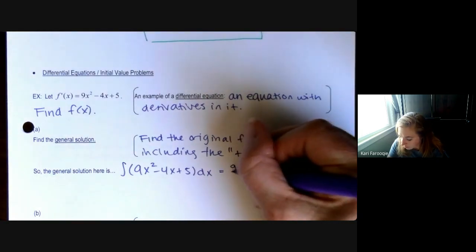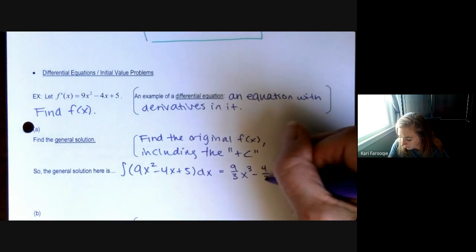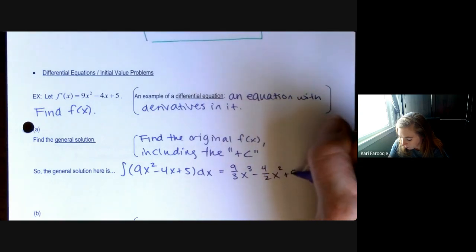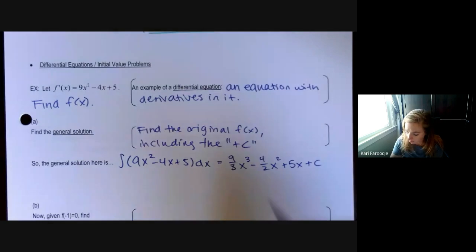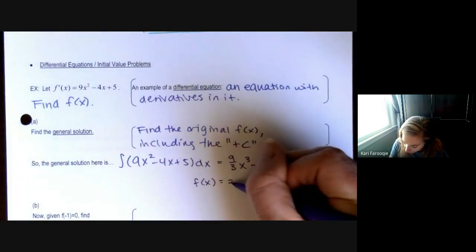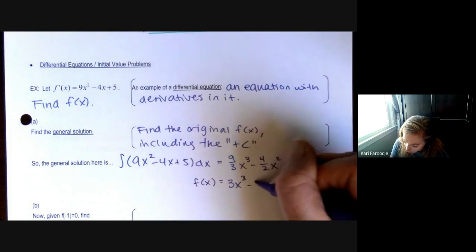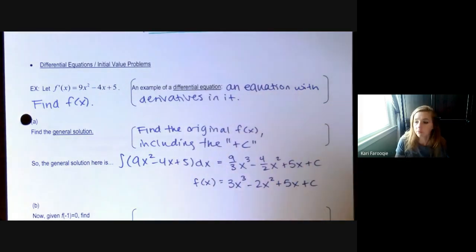I'm going to increase the exponent by 1 and divide by the new exponent. And we're going to include this plus c. So now we can say that we have f of x is 3x cubed minus 2x squared plus 5x plus c.